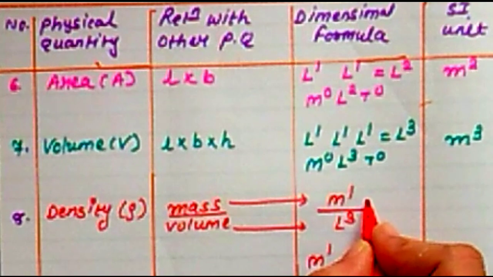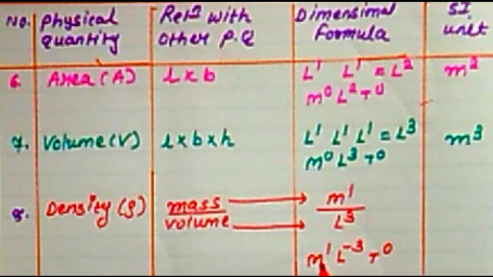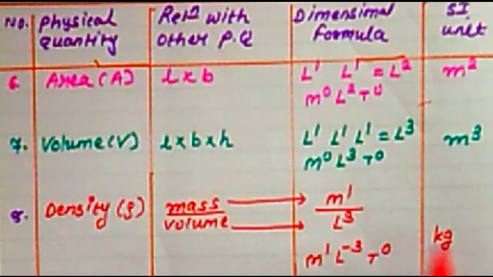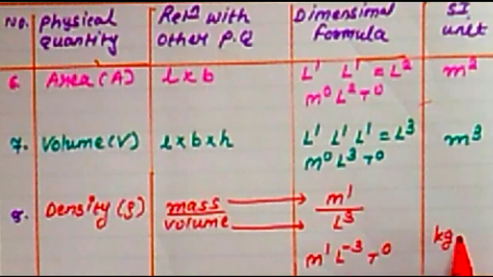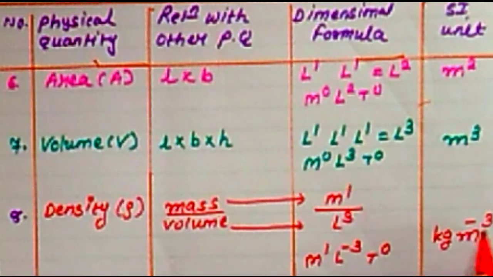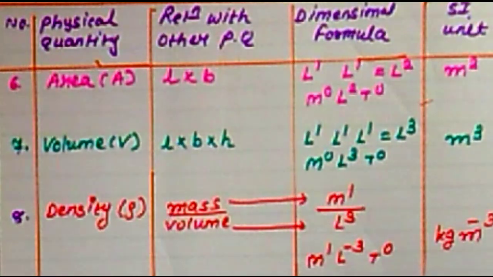L3 goes into numerator, it will become L -3, and T absent, so T0. So the dimensional formula of density is M1 L -3 T0. Now unit of mass is kg, unit of length is meter and power -3 is as it is, and the unit is kg per meter cube.